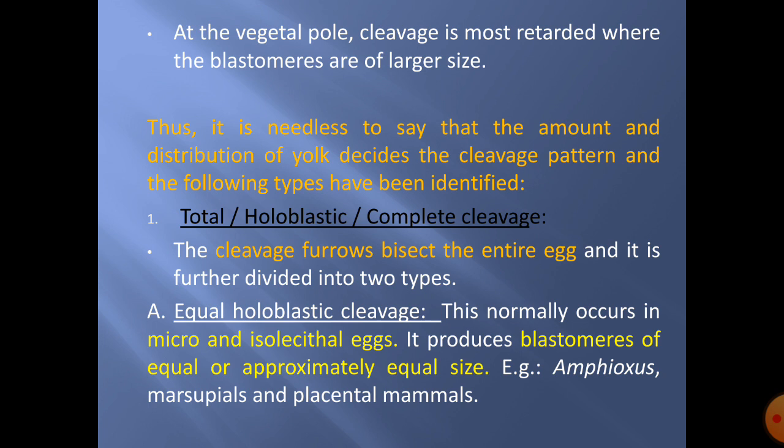Equal holoblastic cleavage normally occurs in micro and isolecithal eggs. It produces blastomeres of equal or approximately equal size, and this type of cleavage is seen in Amphioxus, which is a protochordate, then marsupials and placental mammals.